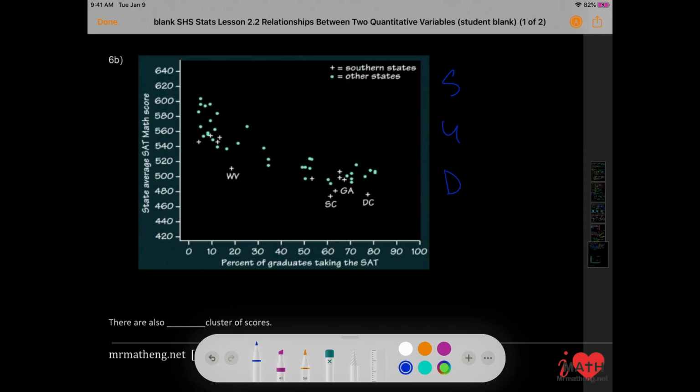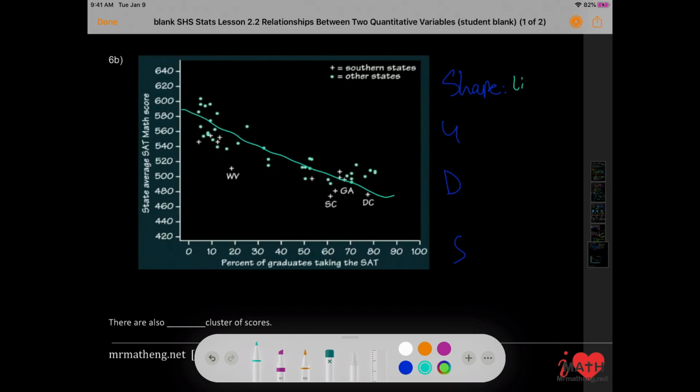All right, let's go. How do you describe our graphs here? Remember, another keyword is interpreting. If you're interpreting, then you're using your SUDs. So let's talk about our shape. It looks like you could put a line through it.